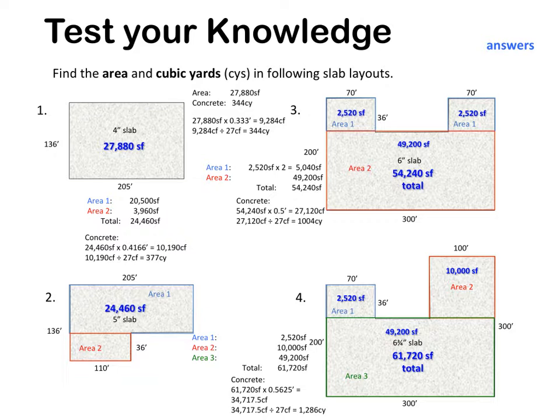The total concrete is 61,720 square feet. Multiply that times a 6 3/4 inch slab. Decimal equivalence of 6 3/4 is 0.5625 feet, which gives you 34,717.5 cubic feet divided by 27 cubic feet equals 1,186 cubic yards.